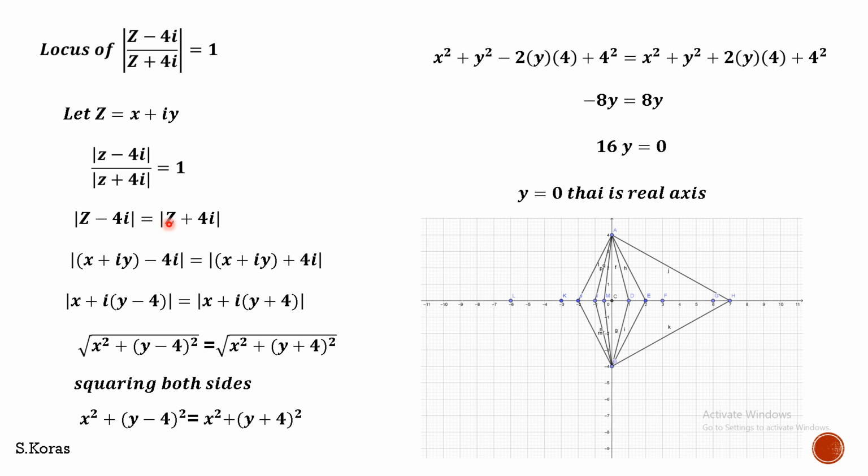So simply, a point is moving in such a way that the distance from this particular point to that moving point should be equal to the distance from minus 4i to that moving point. Both should be equal to one another, it states.